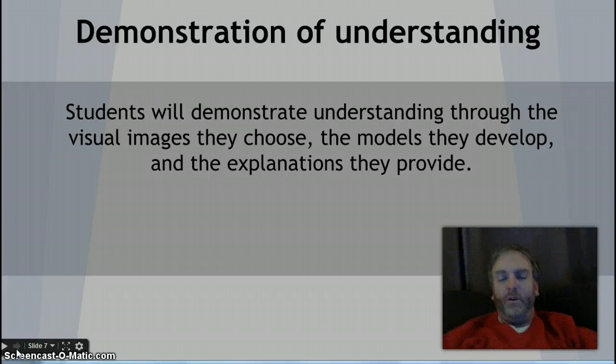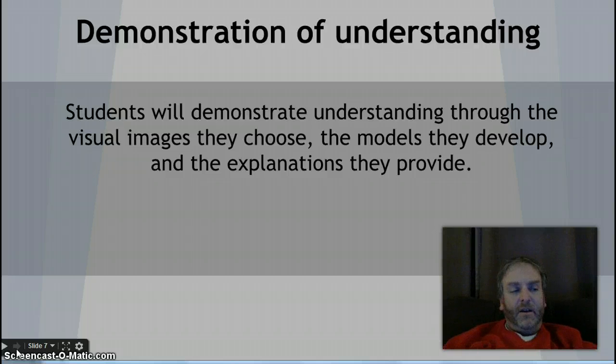But things I'm going to look for are creativity, their explanation, the accuracy of their scientific explanation of the process and the information they include, the images they choose, the models that they develop and make, and then the explanations that they provide. That's really what the rubric's going to be based on.